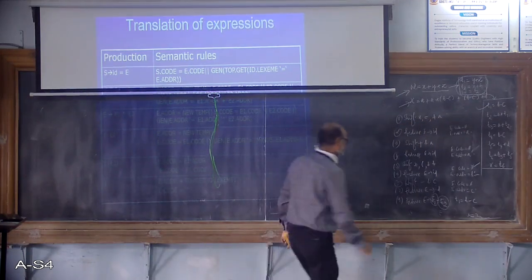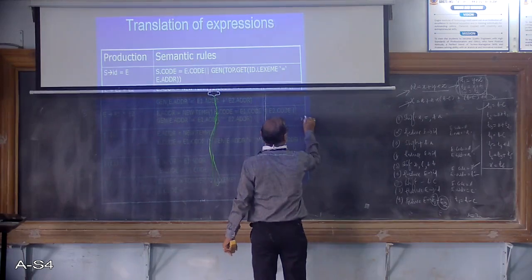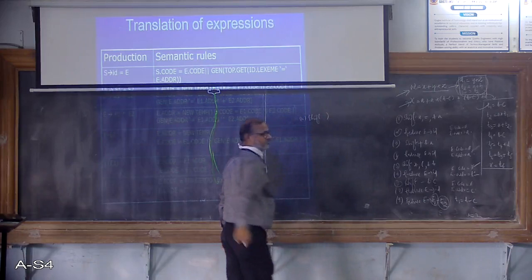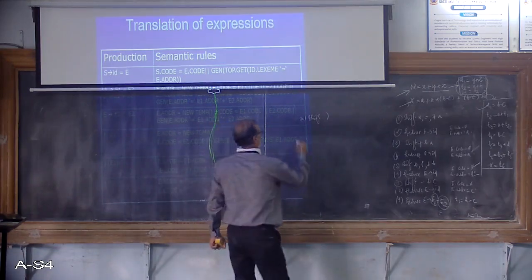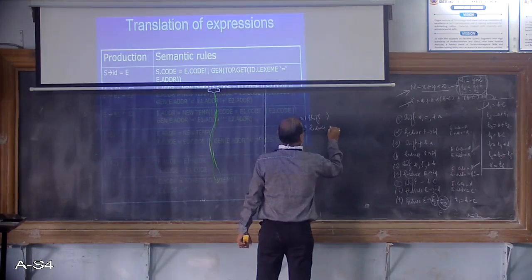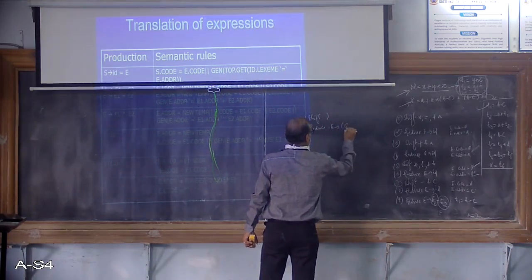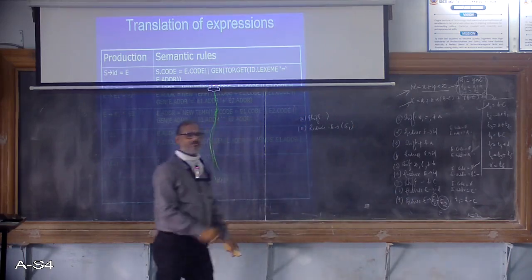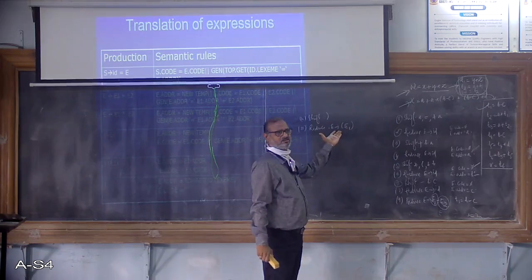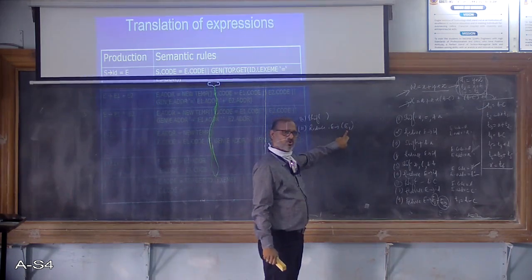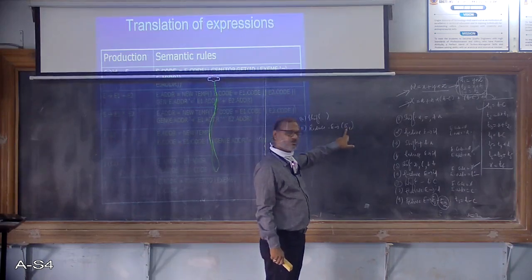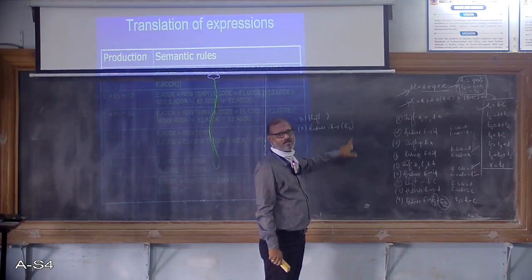Next, 10th step, shift closing parenthesis. Then 11, reduce E derives (E). So here there is no operation involved. You have E1.code as a sequence of 3 address codes evaluating this, you also have E1.address, the value associated with that.